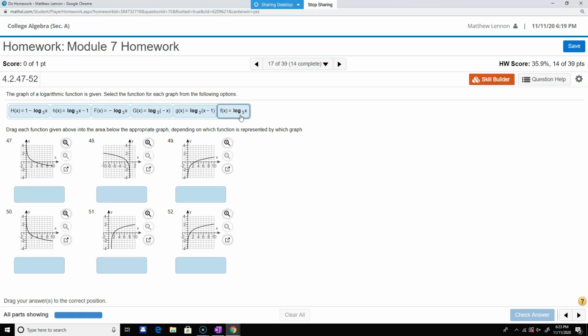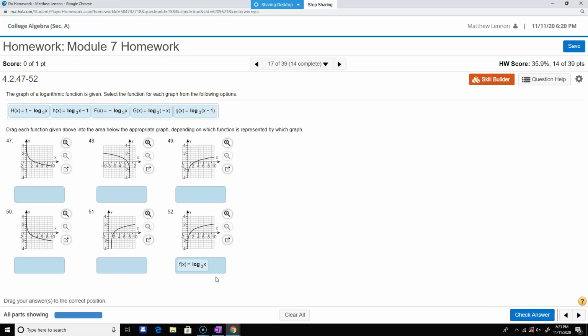That one just looks like a regular old log graph, so it should have the y-axis as an asymptote. In my mind it would have to be this graph or this graph. I know it's this graph. Why do I know it's this graph?